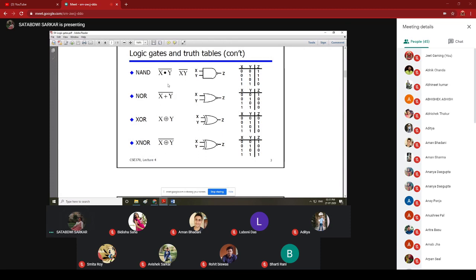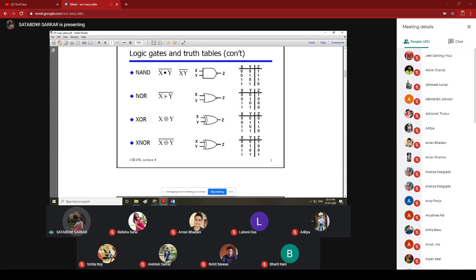Now we have the NOR gate. NOR gate means x plus y complement, that is the complement of the OR gate. So this is the symbol of the OR gate, but after it we see that there is a bubble. The bubble always indicates the inverted output of that gate.